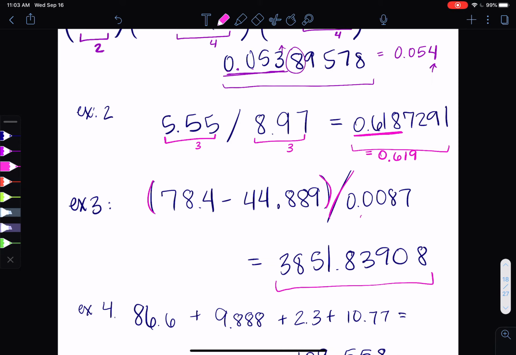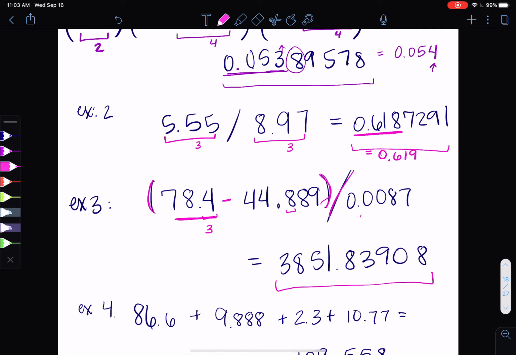So we need to figure out right in our parentheses how many sig figs came out. Well, this is a subtraction, so we have to stop at the first decimal. So if we do that, then we should only have 3 sig figs. This one only has 2 sig figs. So your answer can only have 2 because division is our overall process. So 2 is the amount of sig figs you can have.